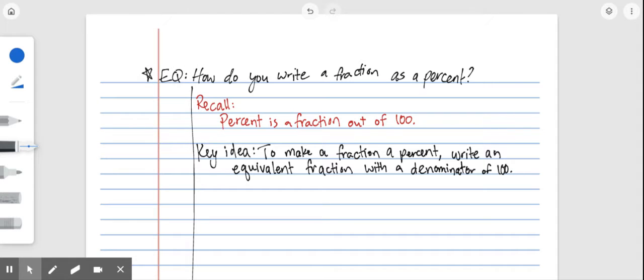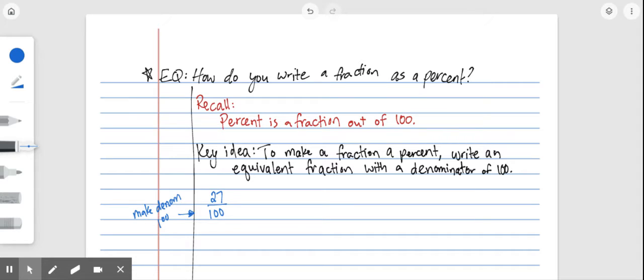So let's say that we have 27 out of 100. This is our fraction, 27 pieces out of 100. This fraction already has the denominator equal to 100. Make the denominator 100.